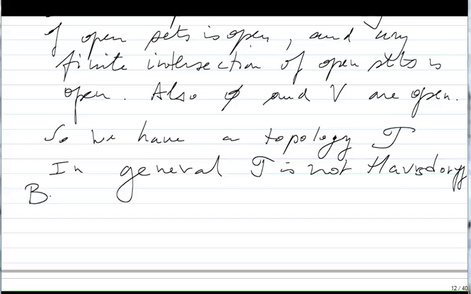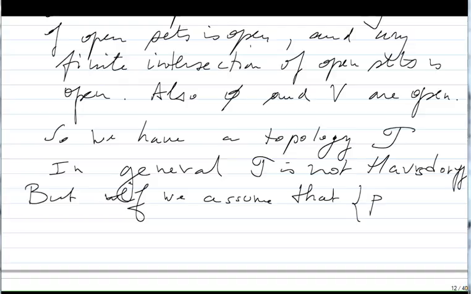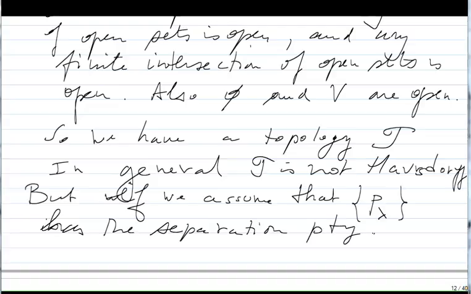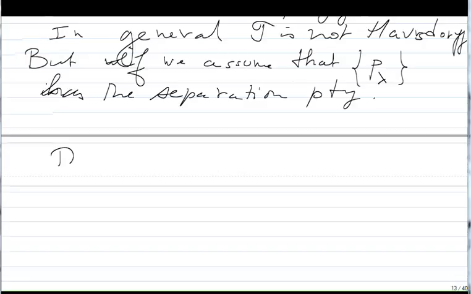But for practical purposes, if we assume that the family P_lambda has the separation property, as discussed before, then in this case this topology is Hausdorff.